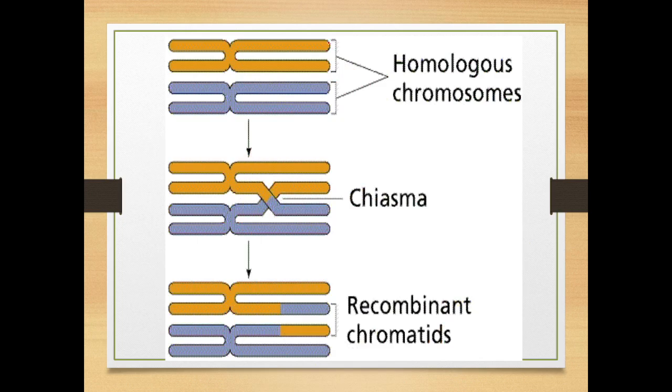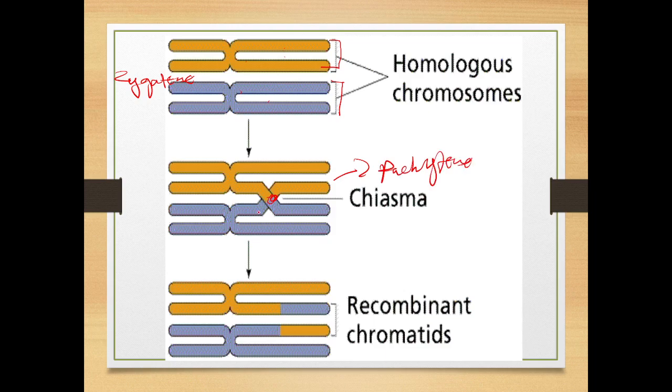So these are two homologous chromosomes. This one and this one will come together and form that chiasmata. At this point, this is the zygotene level, and once they form a chiasmata, this is known as the pachytene level.